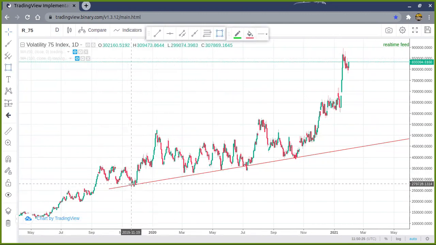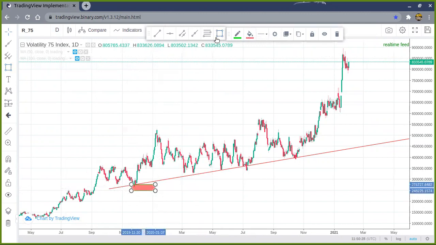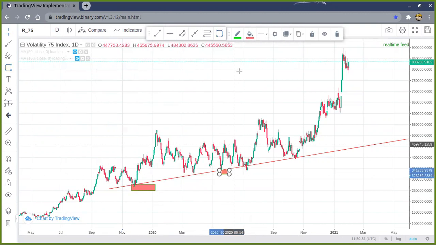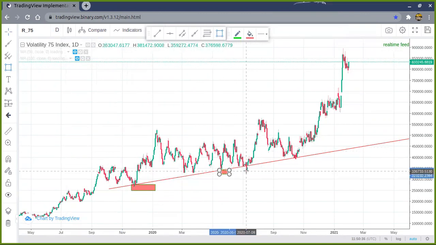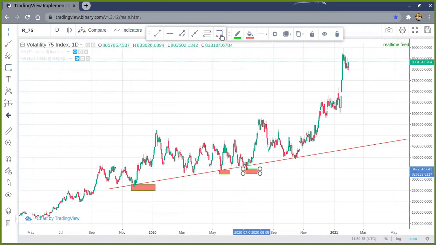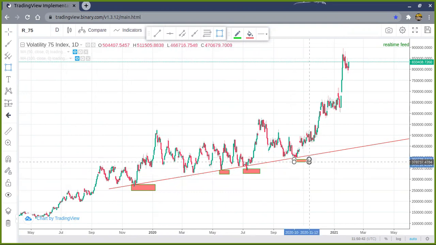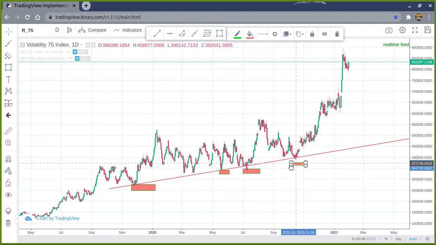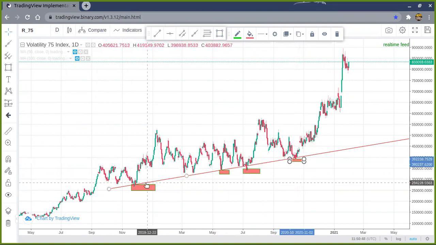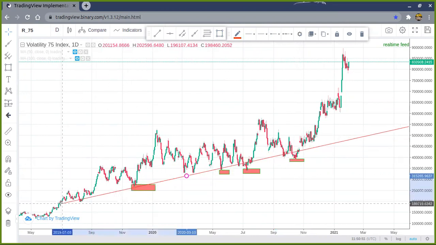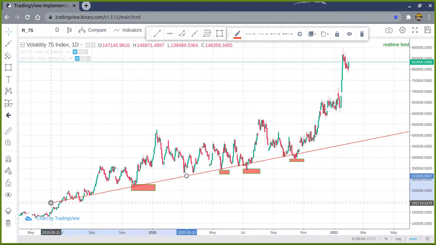It's visibly touched this zone, this zone, this zone, and finally this zone. Okay, so if we extend the trend line, realize that it also touched that zone, but okay, it touched this whole zone.